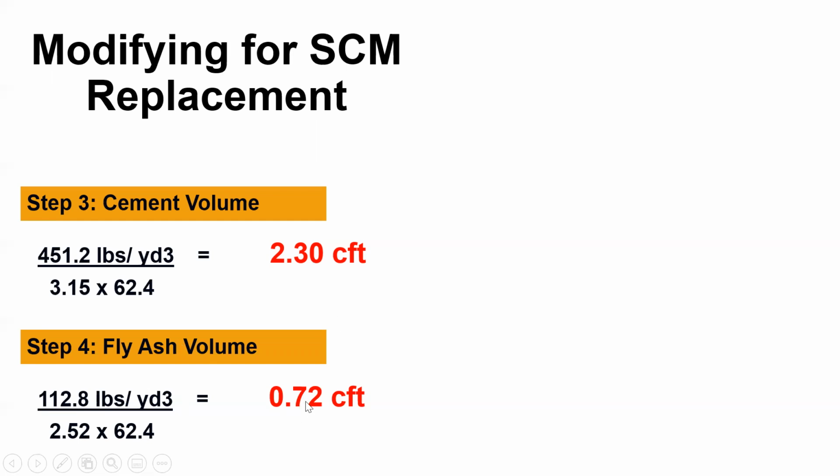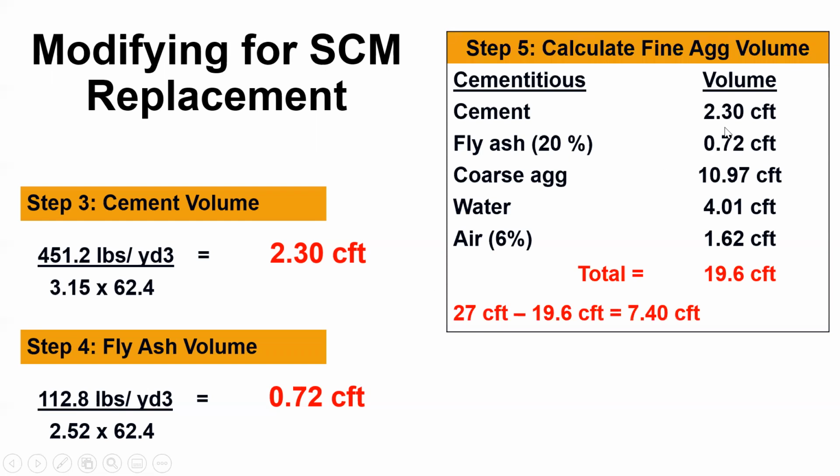So that is 0.72 cubic feet. So if we add up the 2.3 and 0.72, and we already knew our coarse aggregate and our water and our air, those were given in our example problem.